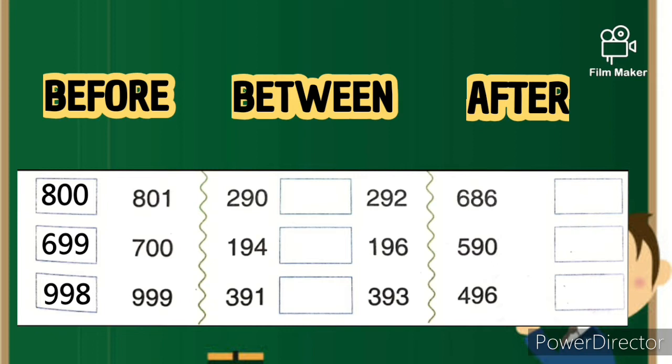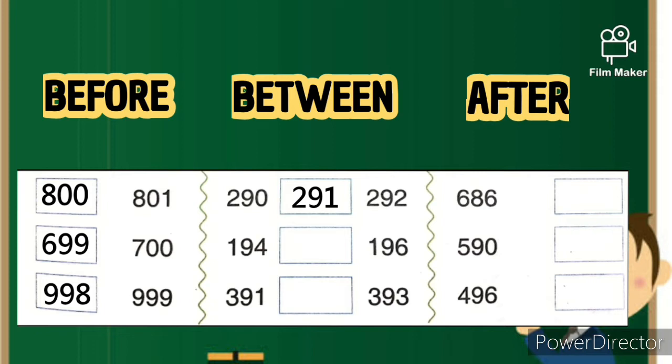Next, question is what comes in between. Here also you have three questions. First one is 290 and 292. So what comes in between these two numbers is 291. So we will write down 291 in the block. Next is 194 and 196.